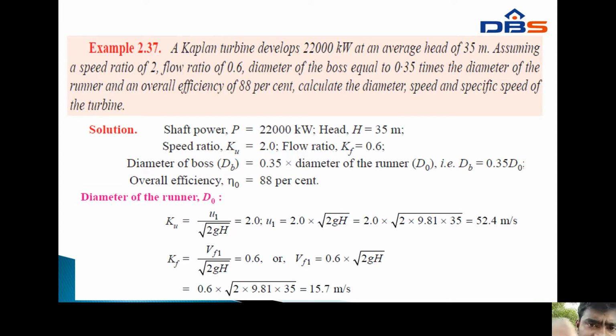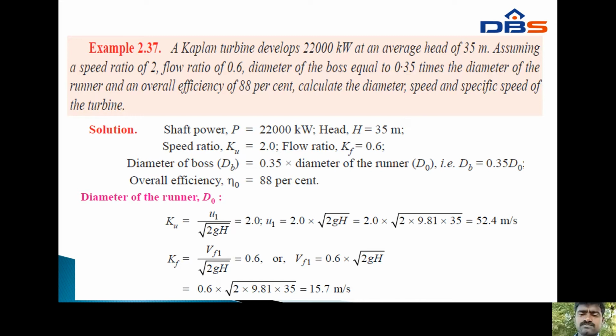Next, to determine the diameter of the runner d naught. Ku equals u1 by root of 2gh. This is the formula for speed ratio.